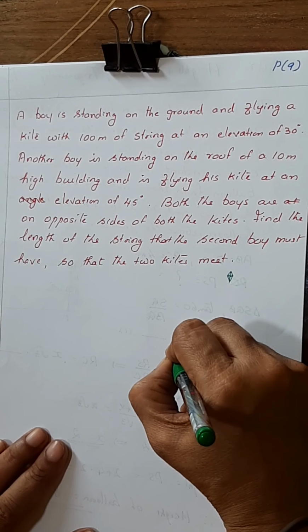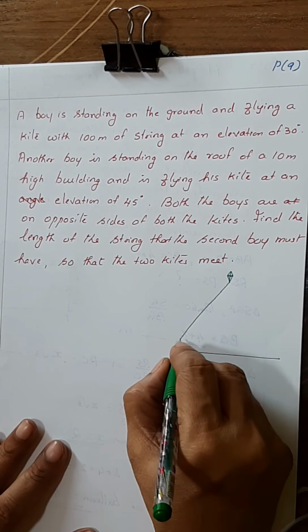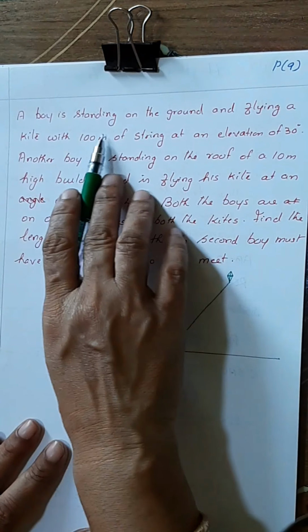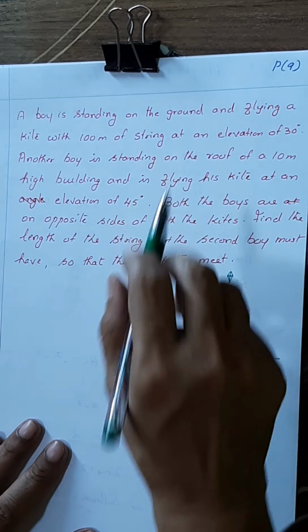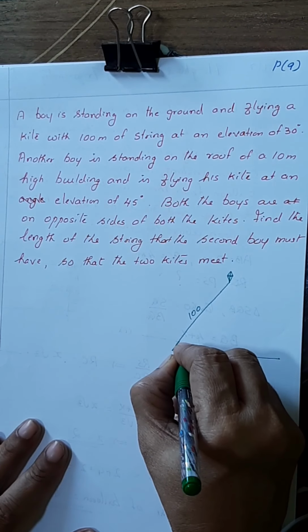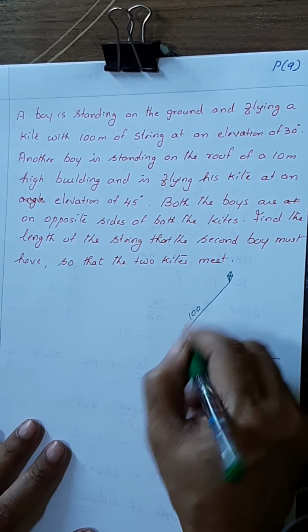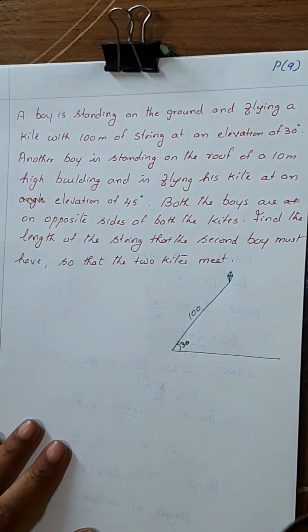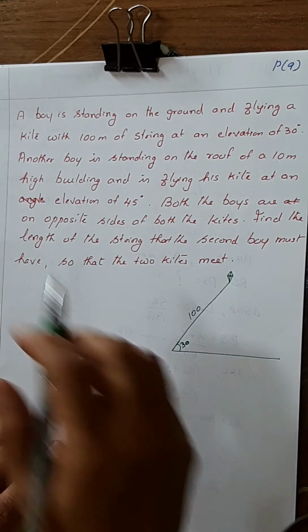So, here he is at an angle, with 100 meters of string. So, this string length is 100 meters and elevation of 30 degrees. So, when you draw the figure, write down all the data, whatever possible in the figure itself, so that it will be easy for you to write down the ratios and do the calculations also.